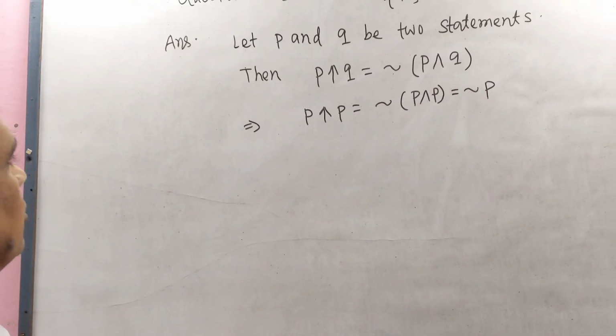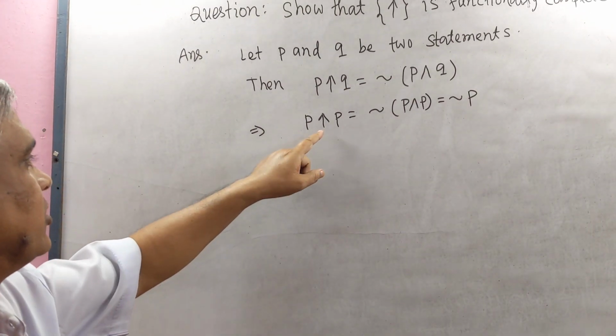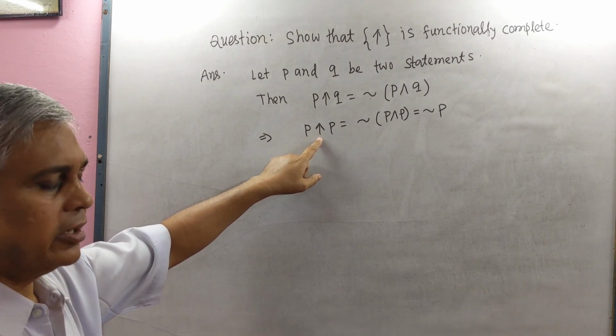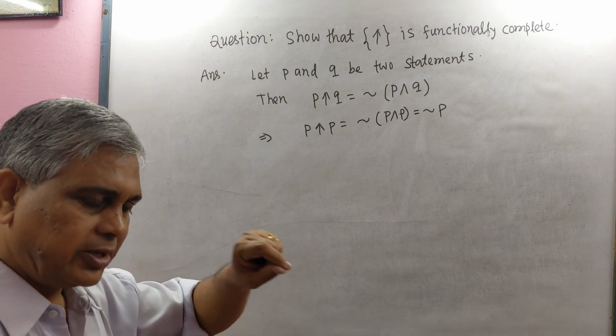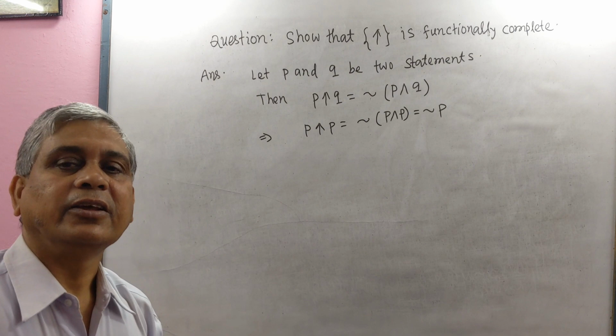Now we shall use this NAND operation in conjunction, disjunction, implication and double implication.